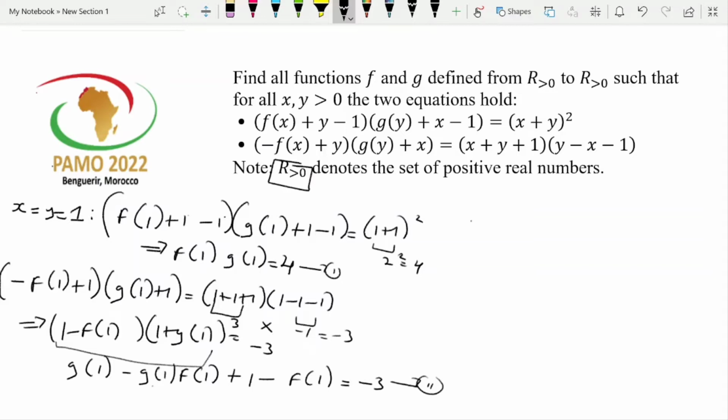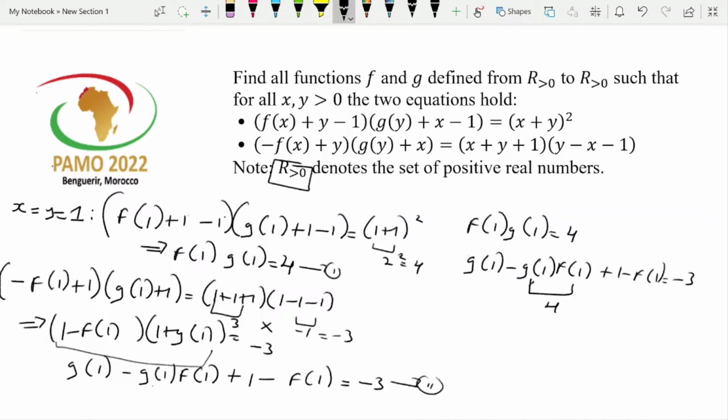So we have f(1) g(1) is 4, and g(1) minus g(1) f(1) plus 1 minus f(1) is minus 3. We know the product is 4 from the first part.